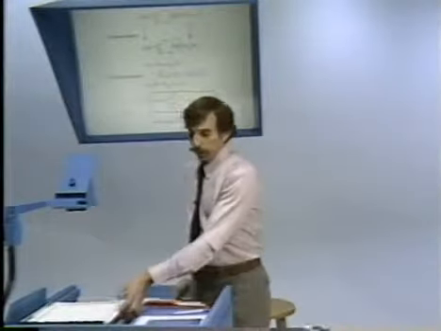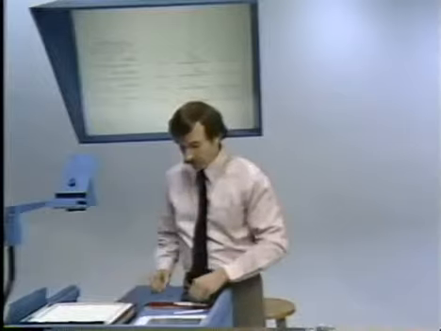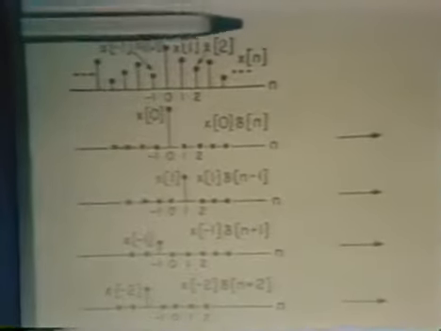Now, just to emphasize how we've gone about this, let me show it from another perspective. We, of course, have taken the sequence x of n. We have decomposed it as a linear combination of these weighted delayed impulses. When these are added together, those correspond to the original sequence x of n.